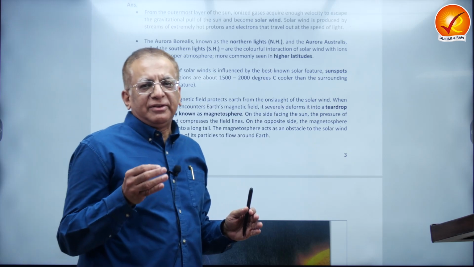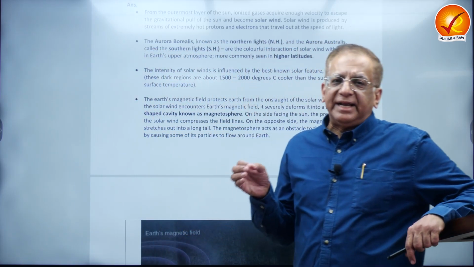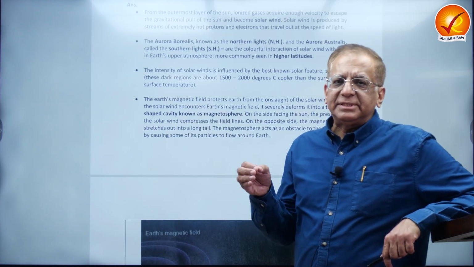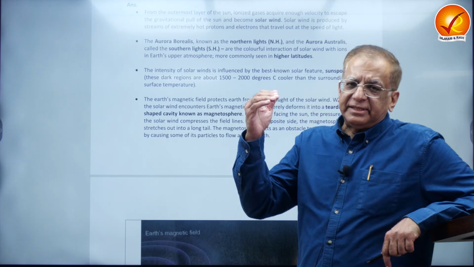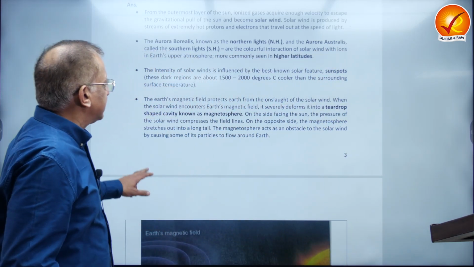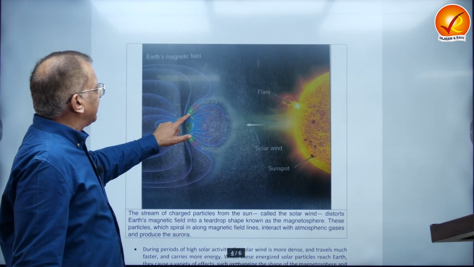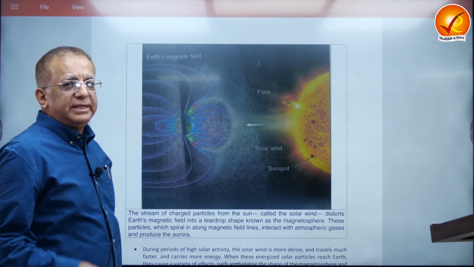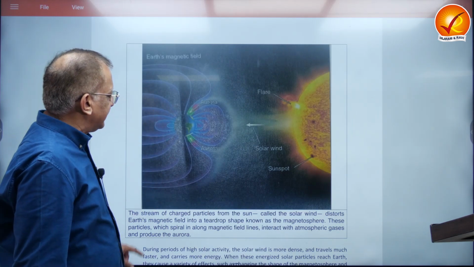So basically the point is that solar wind particles, which are high energy particles emitted by the sun, are interacting with the atoms and the molecules of the gases like oxygen and nitrogen, which are in the upper atmosphere, means at a height more than 80 kilometers. So we have more of the colors being seen in the areas near the North Pole and South Pole, where you have the magnetic poles of the earth.